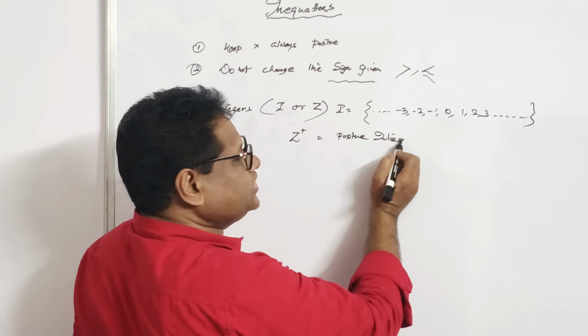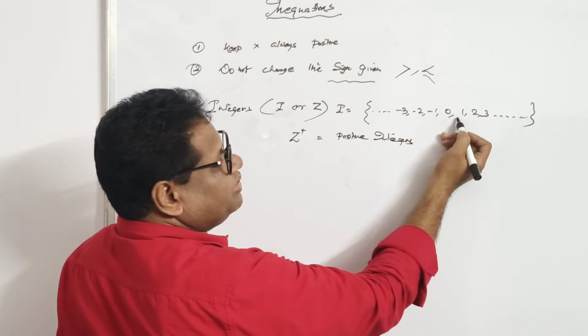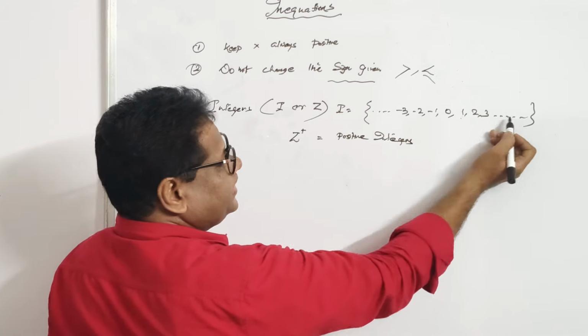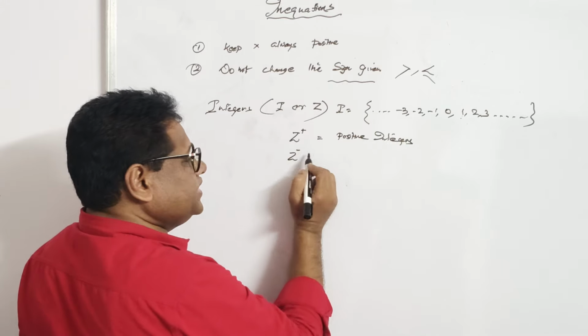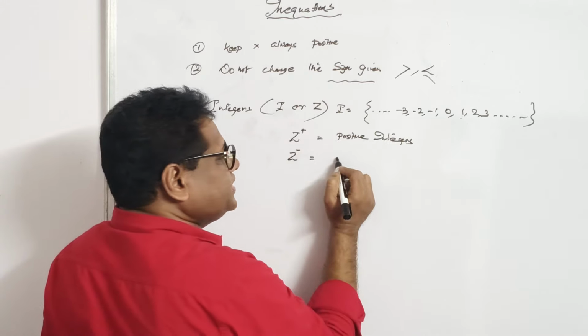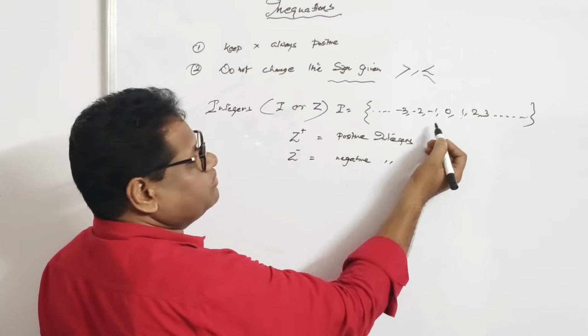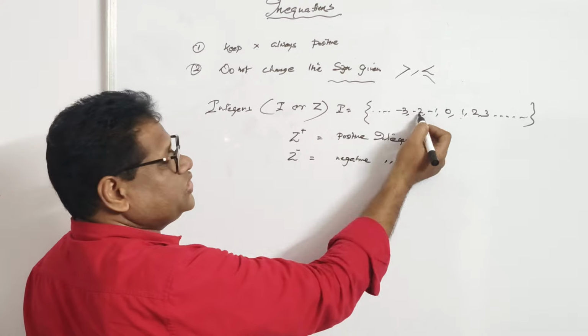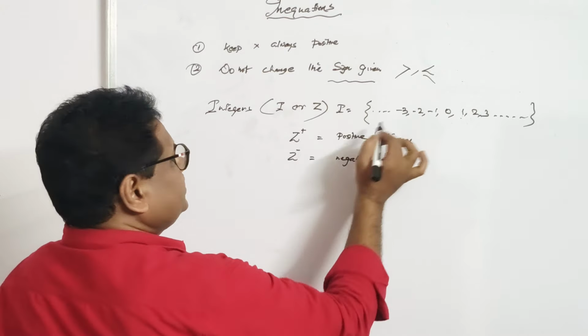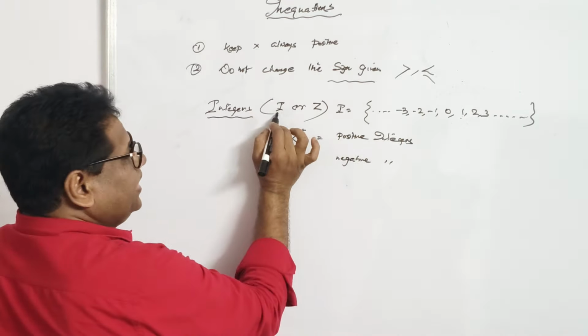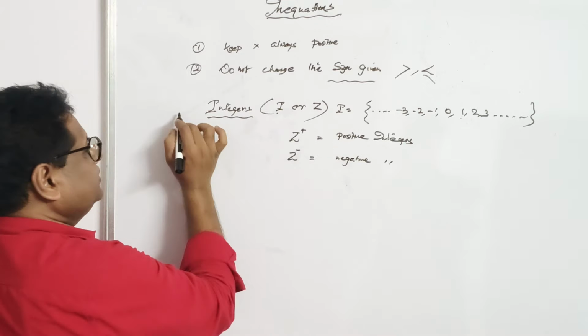Under this we include the numbers coming after 0, that is 1, 2, 3. If Z minus is there, it indicates negative integers, the numbers coming left of 0, -1, -2, -3. So integers are represented by I or Z.